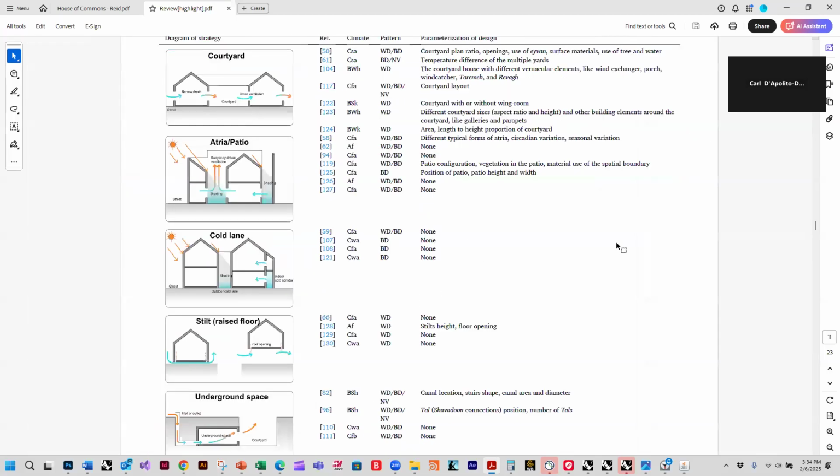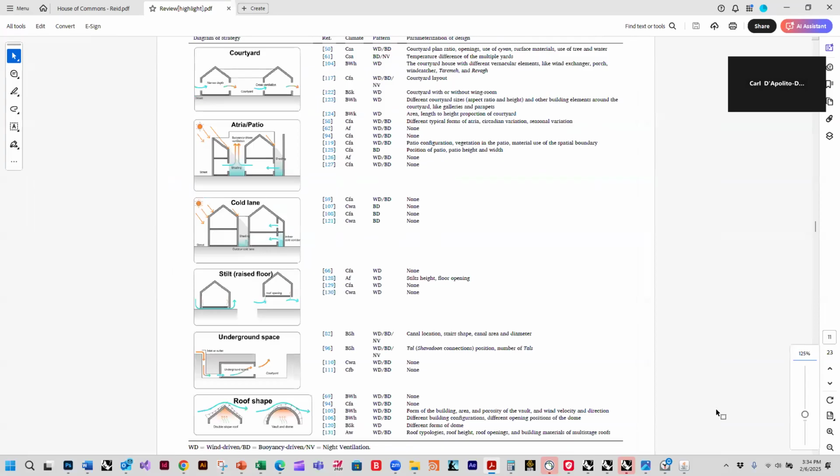So essentially, this one that I will post for you categorizes not all, but many of the essays that have been written in the last 30 years into which typology of natural ventilation they are talking about. And so I think these correspond to really vernacular types.